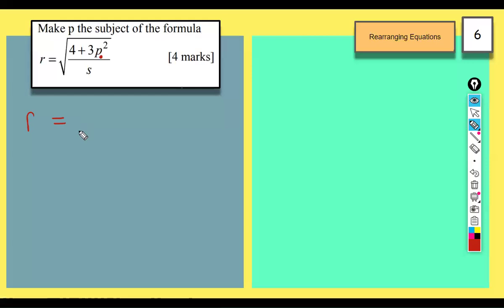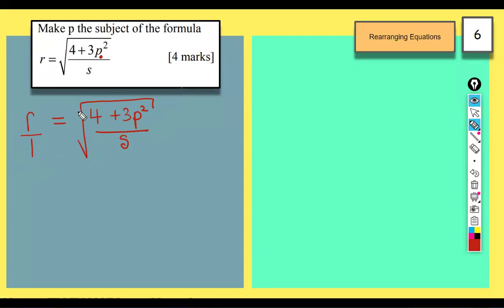R is equal to the square root of 4 plus 3p squared. And this is the letter S here. Now, even if we assume R is R on 1, because R is the same thing as R on 1, we cannot cross multiply because of this big square root sign, that force field.